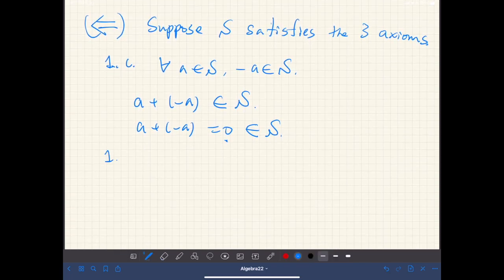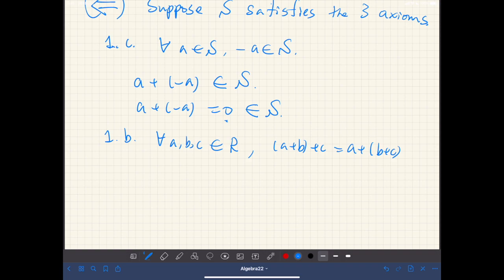And what about the axiom 1.b? That is the associative law for addition. For all a, b, c in R, we have (a plus b) plus c equal to a plus (b plus c).